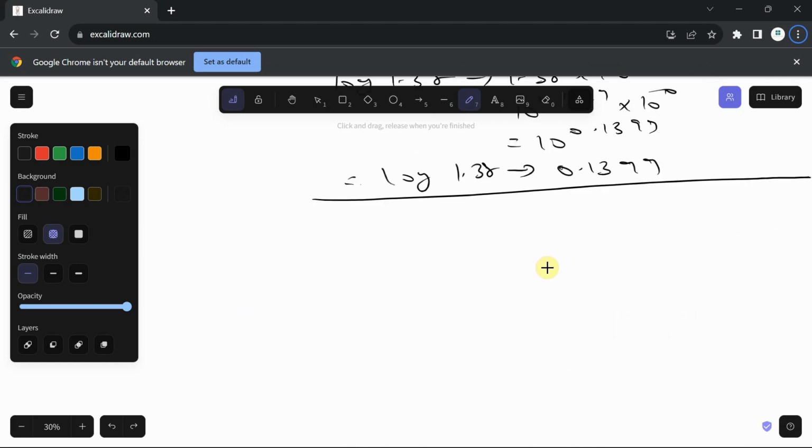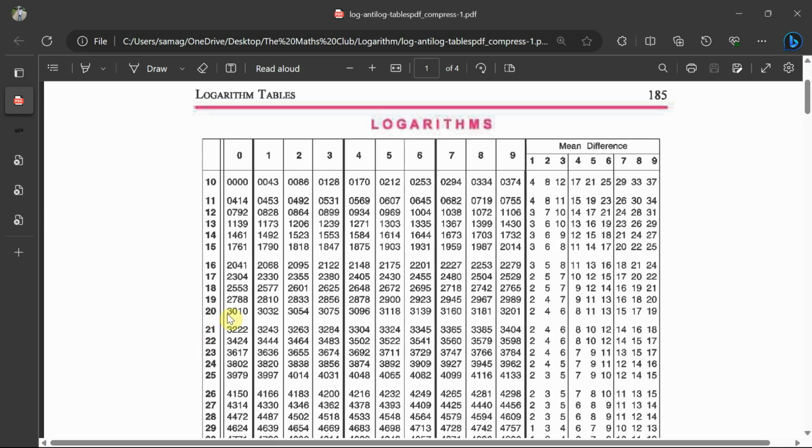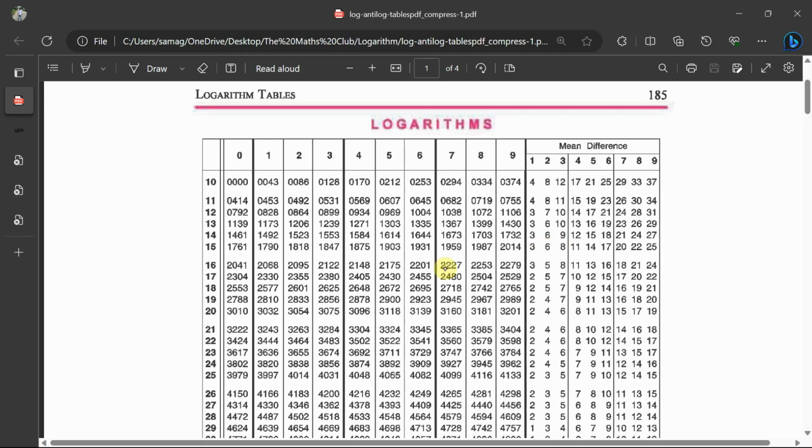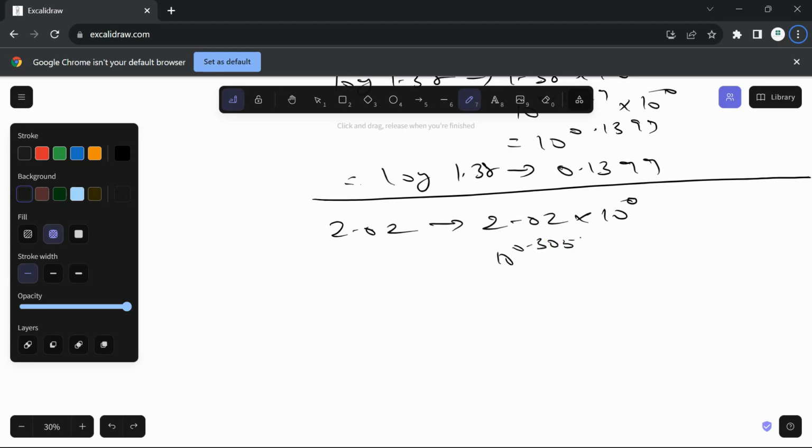Right. Now the next value that I'm trying to find the log of is 2.02. For 2.02, this is like saying 2.02 times 10 raised to the power of 0. So I'll go to the logarithm table and find 20 under 2. So 20 under 2 is 0.3054.